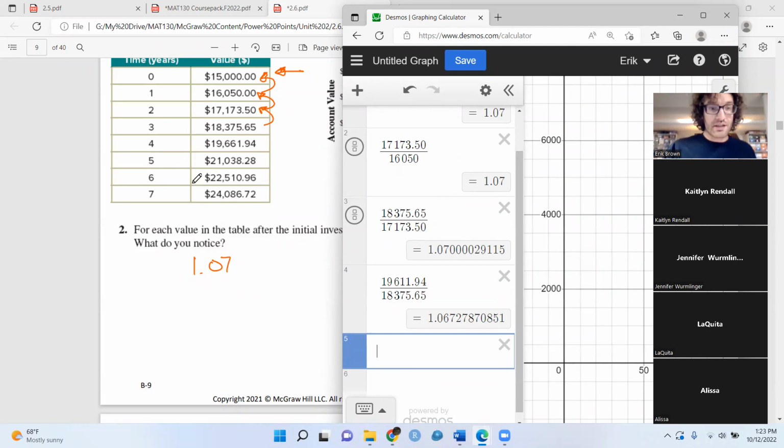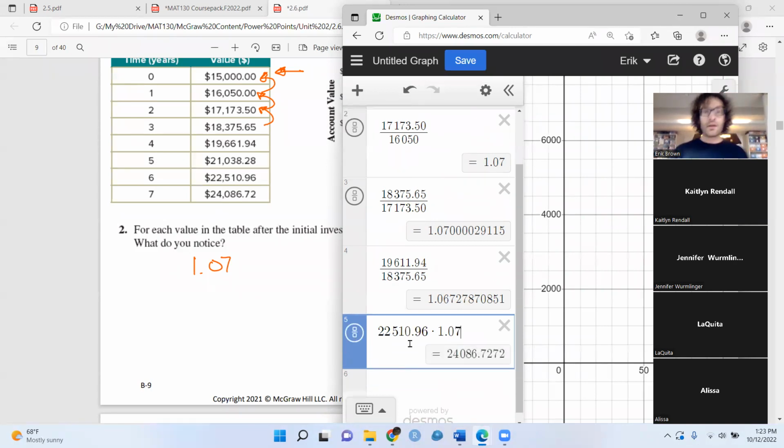So if I go to line 6, year 6, and I take that 22,510.96 and multiply by 1.07, I get the 2486.72. Yeah, it rounds up to 73. So someone did some bad rounding here, apparently.